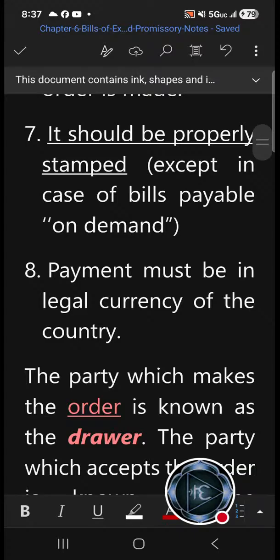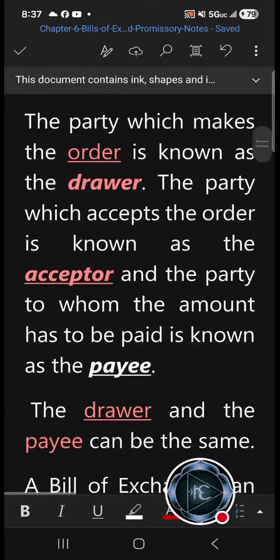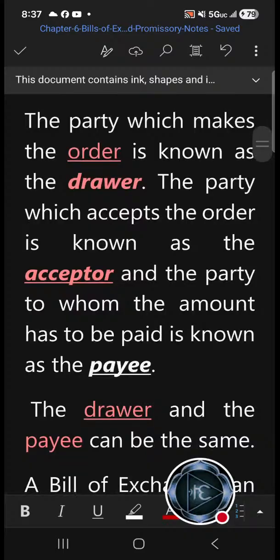The party which makes the order is known as the drawer. You drew it up, you drafted it, you the drawer. The party which accepts the order is known as the acceptor, and the party to whom the amount has to be paid is known as the payee. So, for the purposes of understanding, when you are the drawer, you're drawing for yourself to pay the payee.